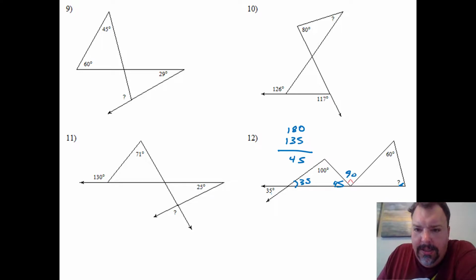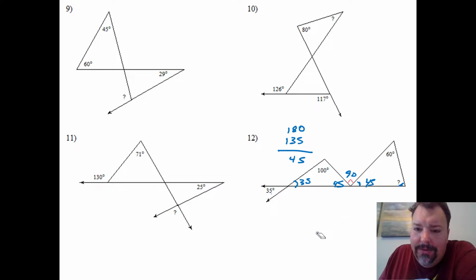This angle, it doesn't say it, but it's marked as a 90-degree angle. Now I can find this little angle inside the triangle on the right side. 45 plus 90, that's 135. Subtract it from 180, and this angle is also going to be 45 degrees.